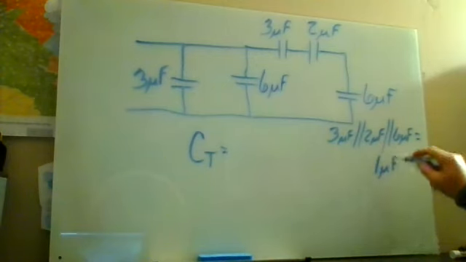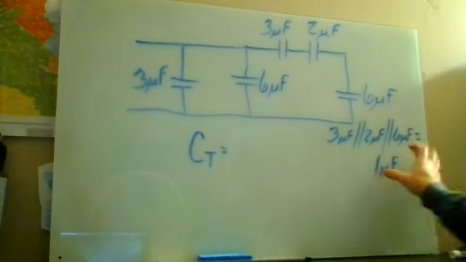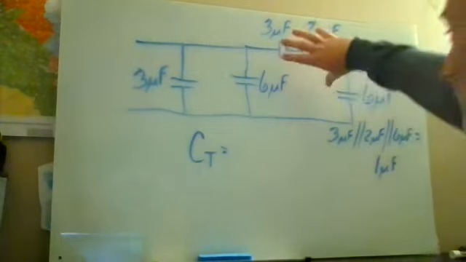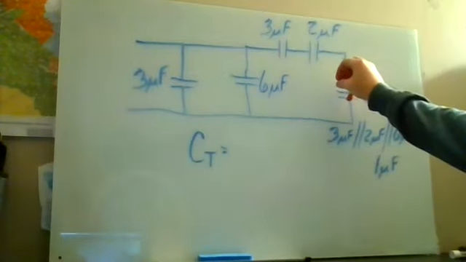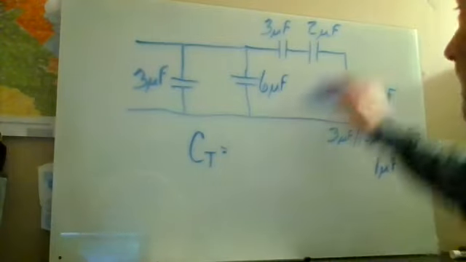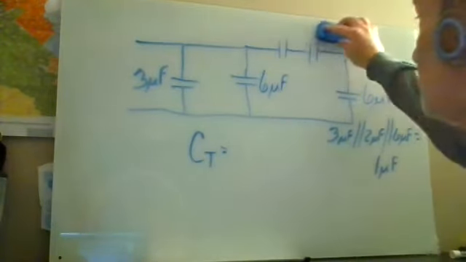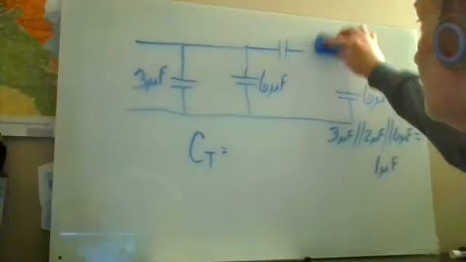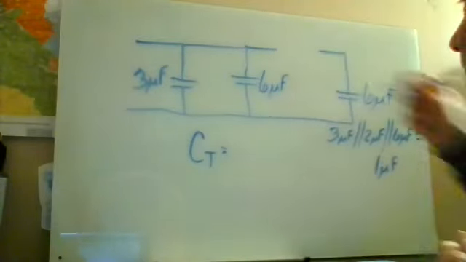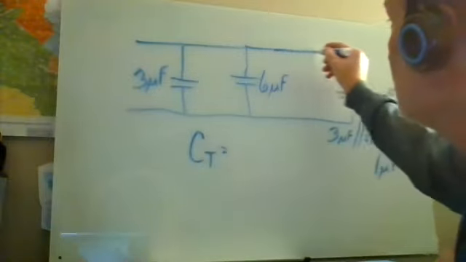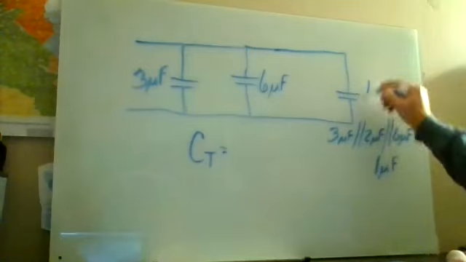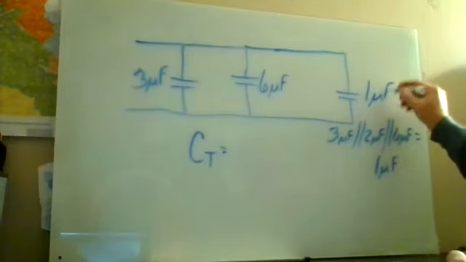1 microfarad. So where does this 1 microfarad go? Well, I squashed all those together. So basically what's going to happen is these 2 would go away, and this one would become what? 1 microfarad, right?